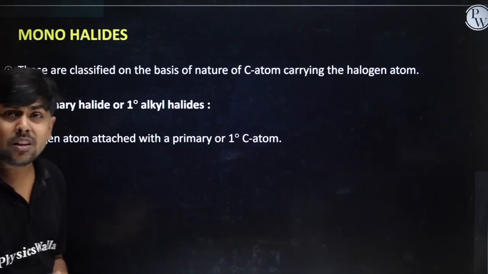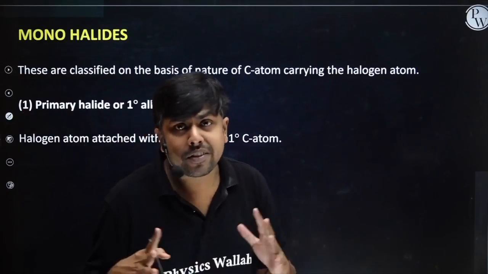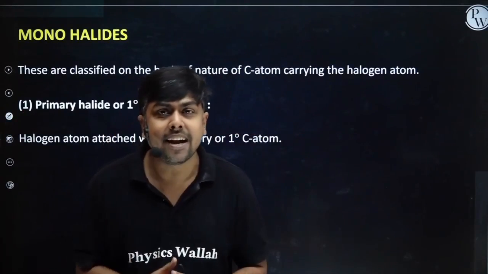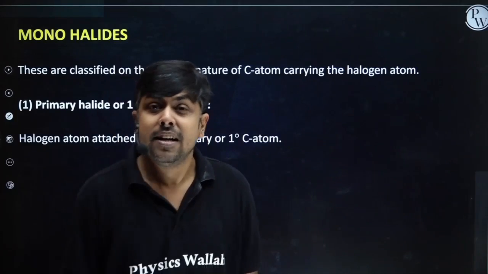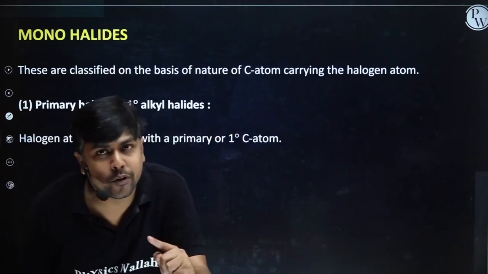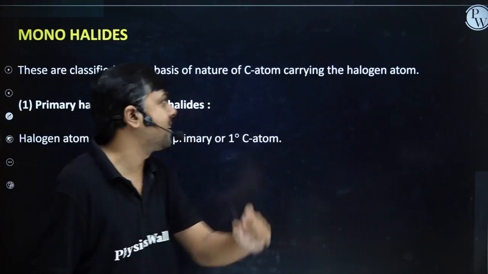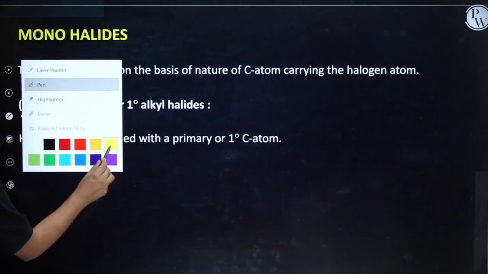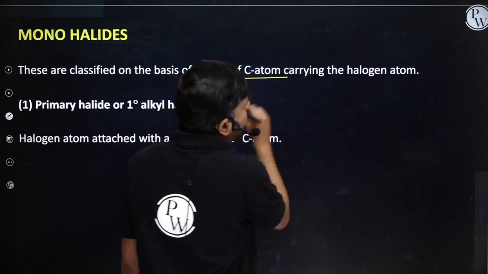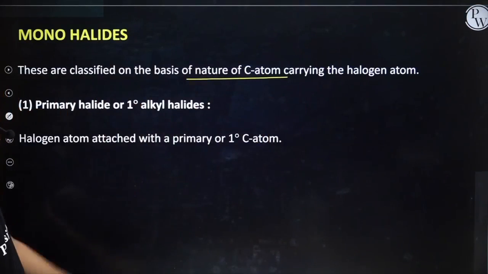Student, now this monohalide may be further classified as primary alkyl halide, secondary halides, and tertiary halides depending on the nature of carbon to which this halogen atom is directly attached. Students, these are classified on the basis of the nature of the carbon atom carrying the halogen atom.